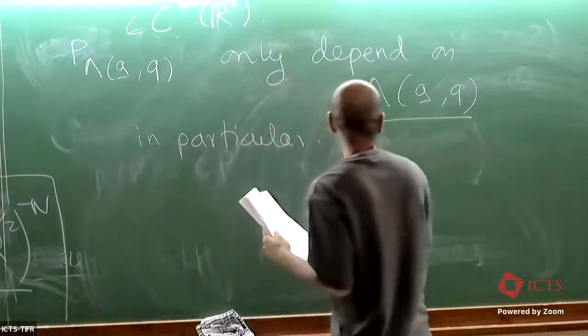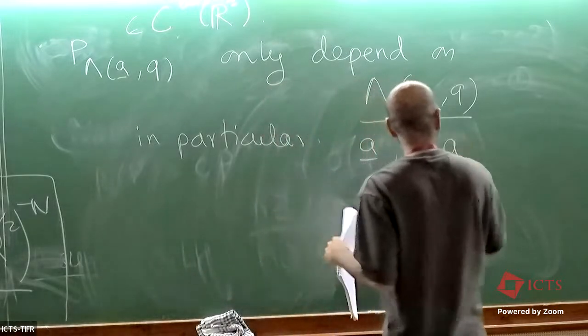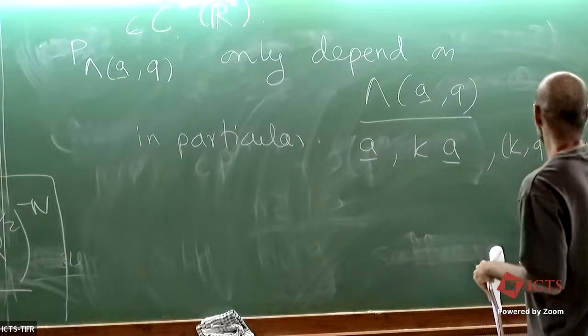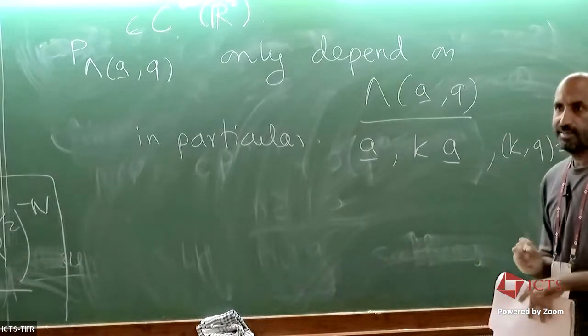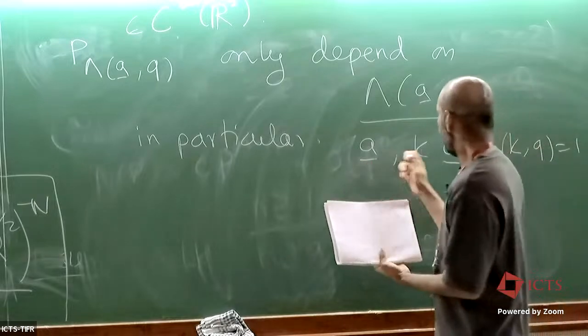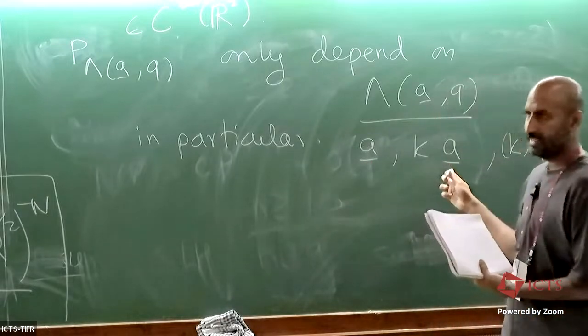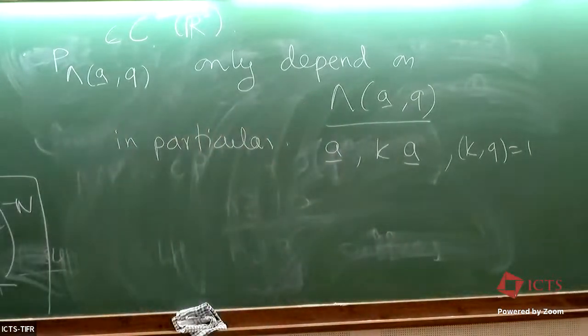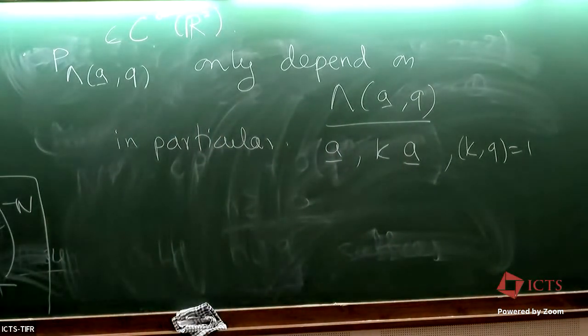if I take A bar and take any multiple of A bar, K times A, where K is co-prime to Q, then if you look at the definition of the lattice, it's easy to see that they'll give you the same lattice.